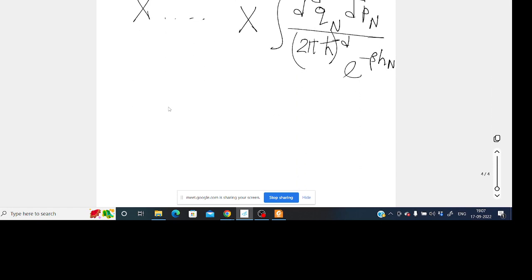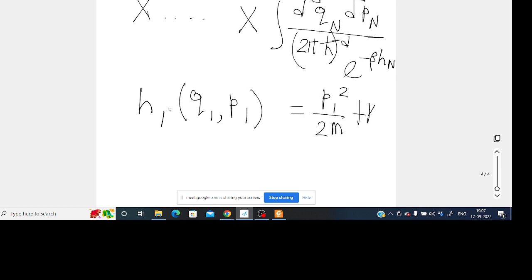Now you assume that the functional dependence of these are equal. Let's say h1 is p1 squared by 2m plus some k q1 to the power alpha. I am assuming some general Hamiltonian. This is the general form of the Hamiltonian: p squared by 2m is the kinetic energy, plus some potential energy like this.